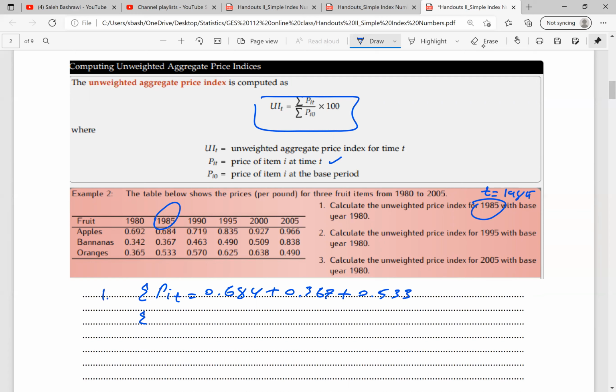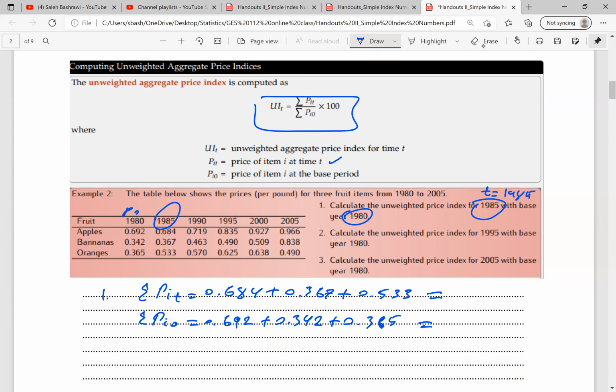And sigma of P_i0, the price at the base time. Base time is 1980, so this is P_0. That will be 0.692 plus 0.342 plus 0.365. Just add these two series of values.